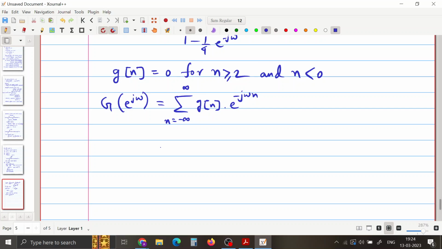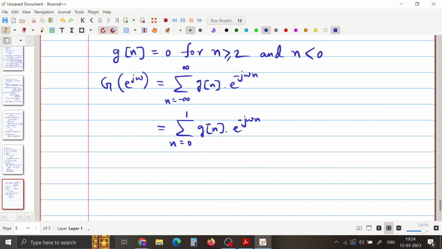For all other terms there is no contribution, since g of n will be 0.